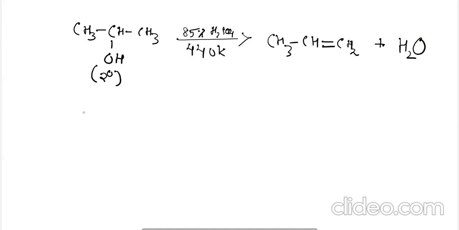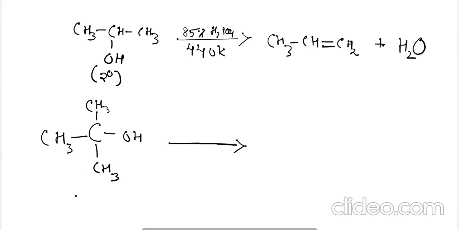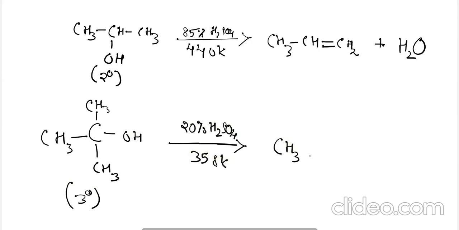Similarly, for the tertiary alcohol (CH3)3COH, dehydration requires 20% H2SO4 solution at 358 Kelvin temperature to form 2-methylpropene plus water.